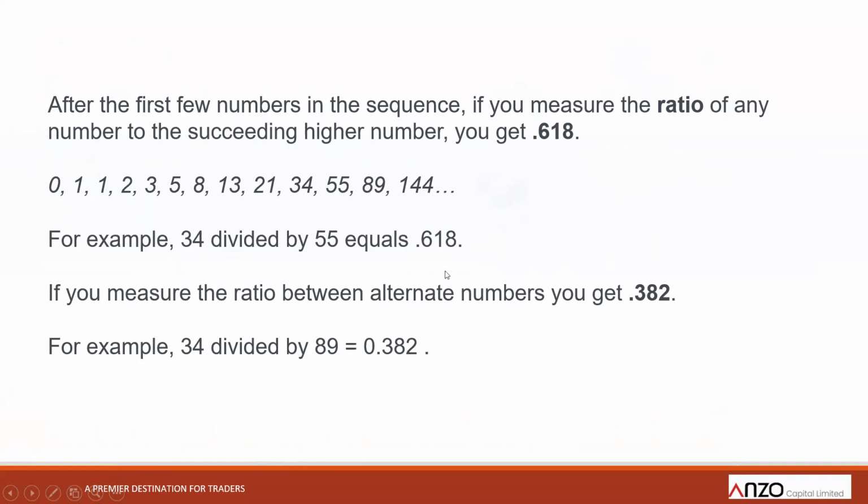Continue like that to infinity, it will always give you 0.618. Now, if you measure the ratio between alternate numbers, say 21 divided by 55, or 55 divided by 144, or 34 divided by 89, it will give you 0.382, right? So this sequence continues on and on.